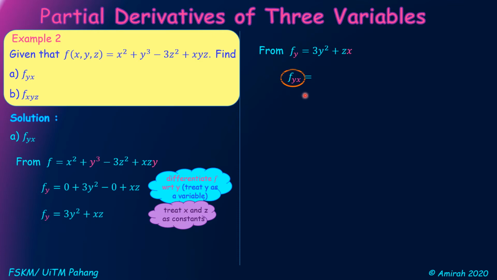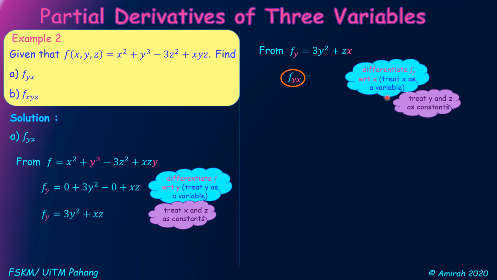Then we can find fyx. Before that, fyx means we differentiate fy with respect to x. We treat x as a variable, and at the same time we treat the other variables, y and z, as constants.